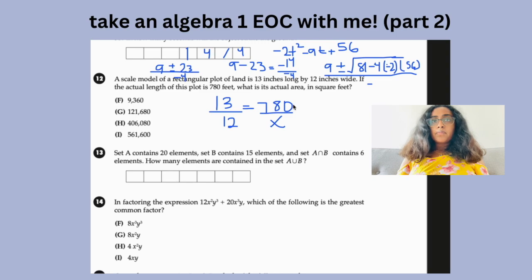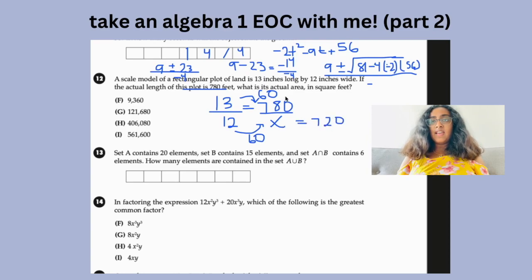The actual length of the plot is 780 feet. So 13 times what is 780? 13 times 6 is 78, so that would be 6, and since you're multiplying by 10, you would get 60. So then you have to multiply 12 by 60 as well. So then you would get 720.